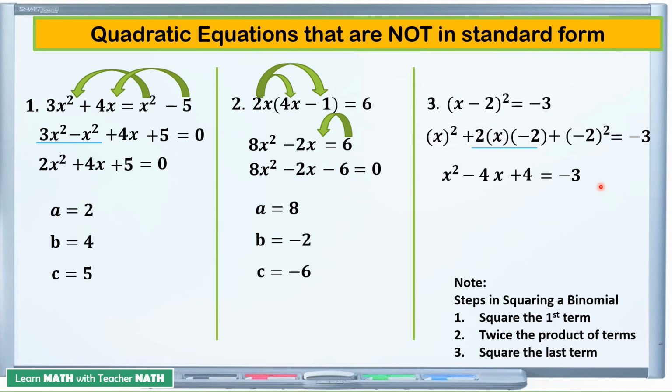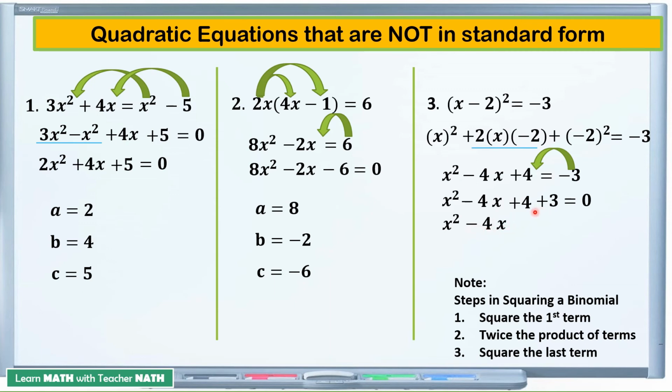Next step, we're going to transpose negative 3 to the other side. So let's copy x squared minus 4x plus 4. Then transposed, it will become positive 3 or plus 3. Then on the right side of the equation is 0. So let's combine the similar terms. Okay, so we have x squared minus 4x.